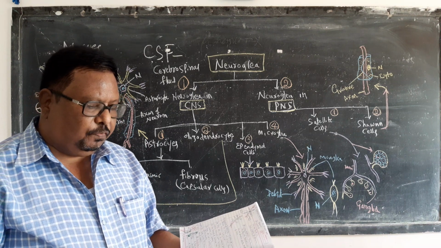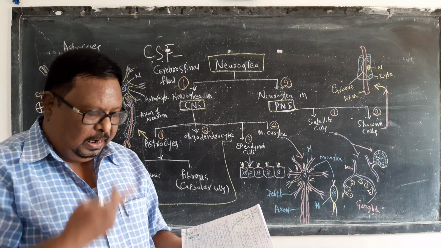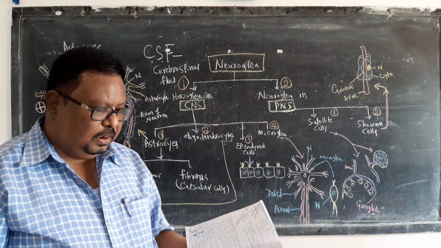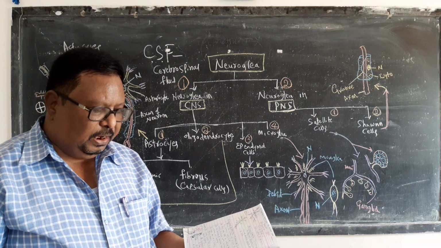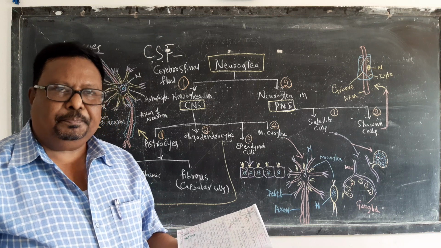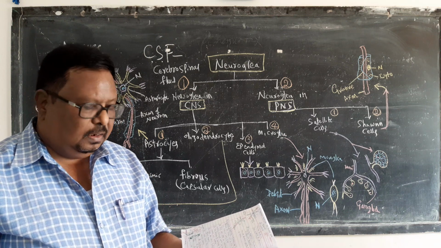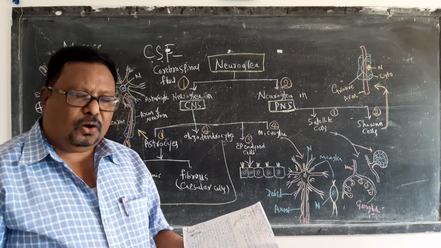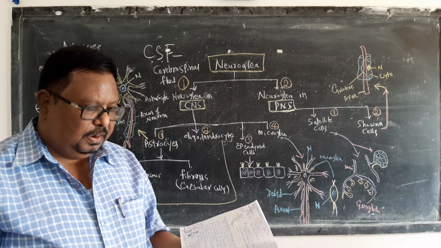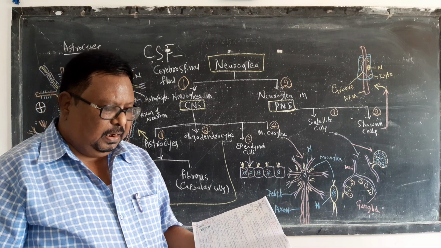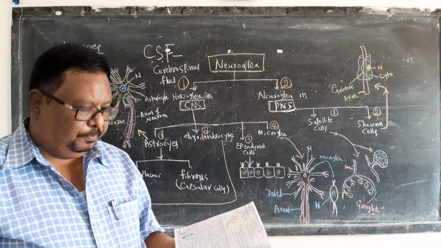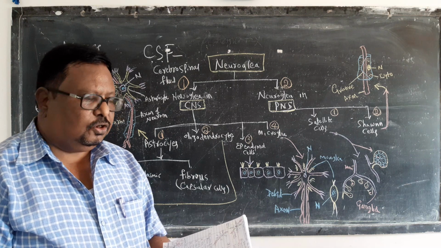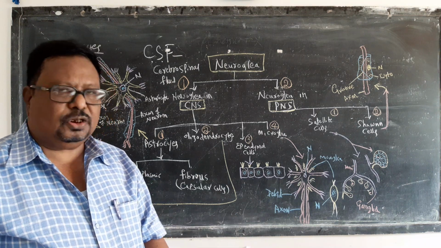They have the capacity of migration, proliferation, and phagocytosis. Functions: microorganisms and dead neurons are removed by the phagocytic action of these cells. They remove the dead neurons and the microorganisms which enter the nervous system. They also clean the neurons.